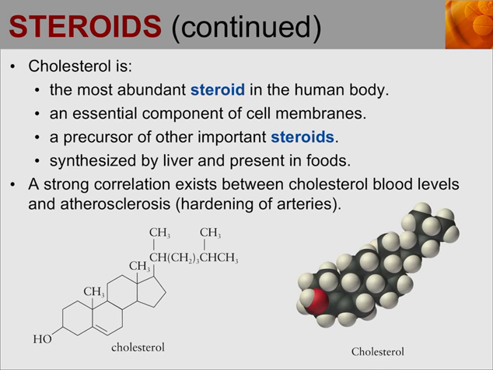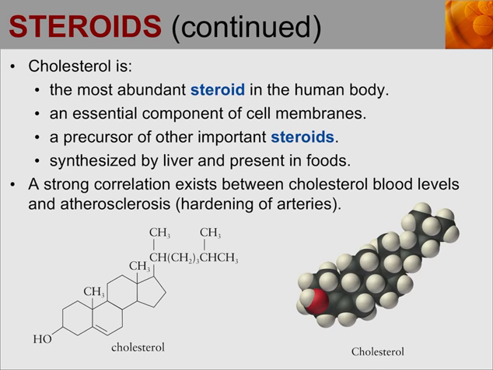So cholesterol is synthesized by our liver, and it's present in many foods as well. There is a strong correlation between cholesterol blood levels and the hardening of our arteries, atherosclerosis. So down below you can see the structure of cholesterol.